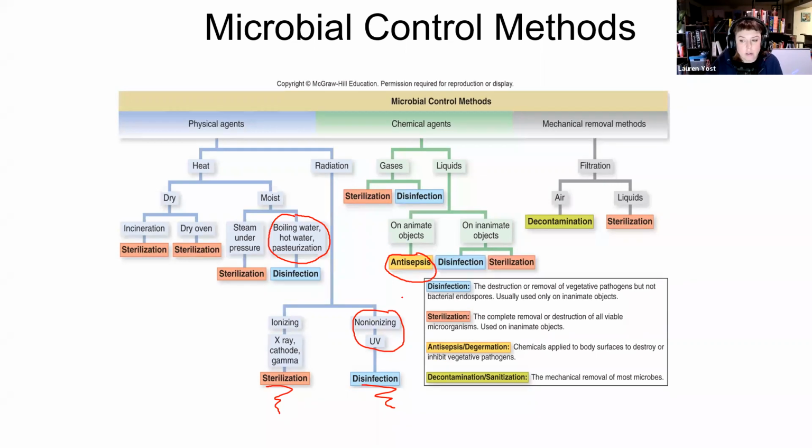I'd also try to understand a little bit about how these methods work, like why incineration, why heat in general is effective at controlling microbes. And we had talked about proteins, and basically breaking them down because they're denaturing them because of the heat. That's what's going on. That's why it works. That's why it kills things, because we can denature proteins.